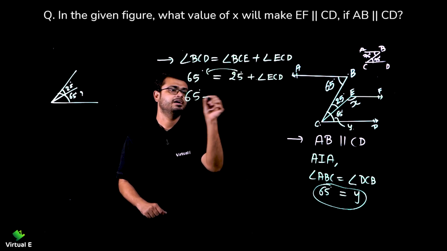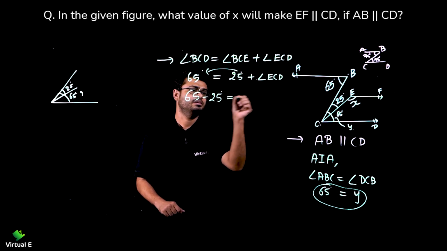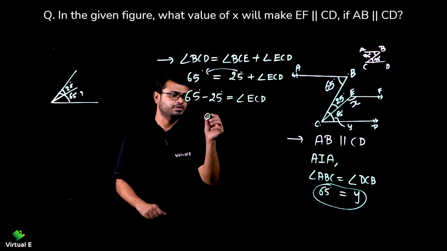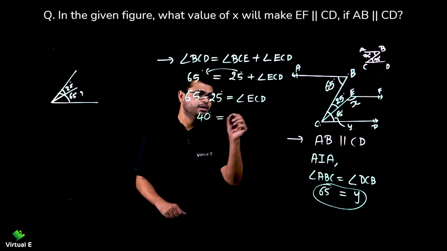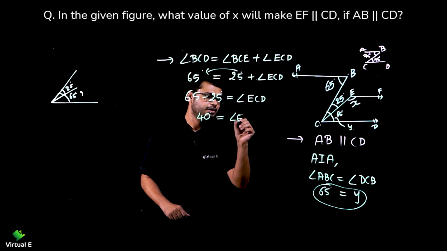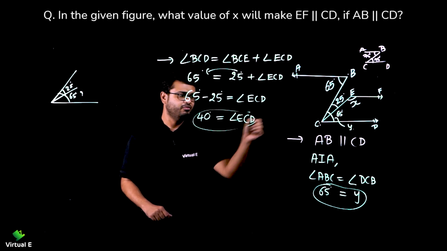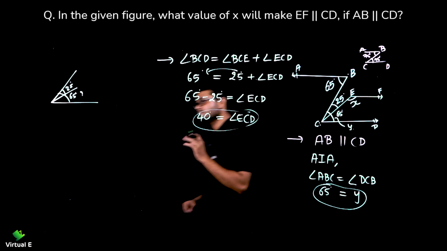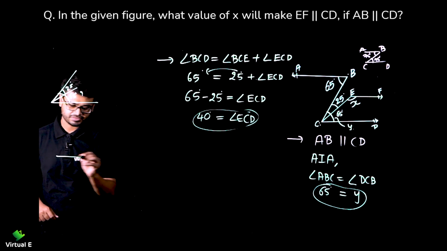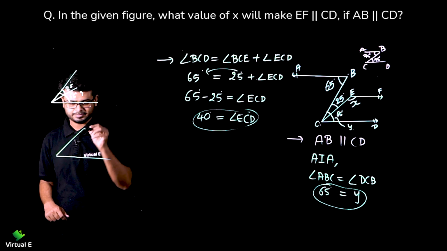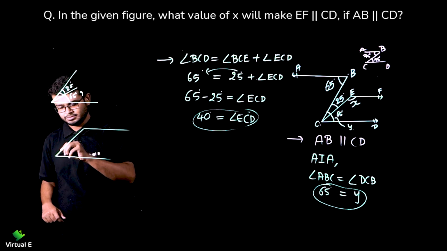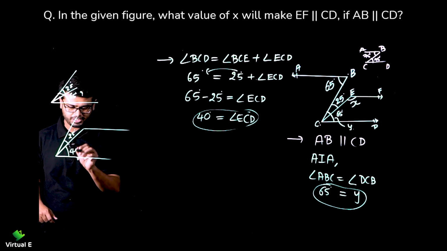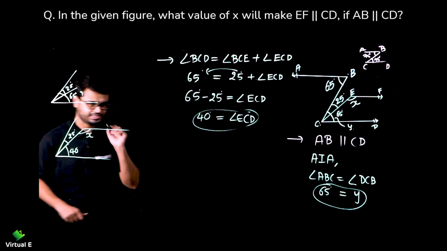So 65 minus 25 is equal to angle ECD. Subtracting, 65 minus 25 gives 40. So angle ECD will be 40 degrees. This angle is 40 degrees. Now let's zoom out to this part, otherwise it will be very confusing. Now see where we have reached. This is 25, this is 40, and this is X.